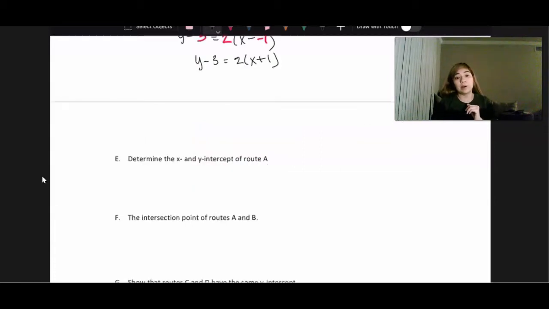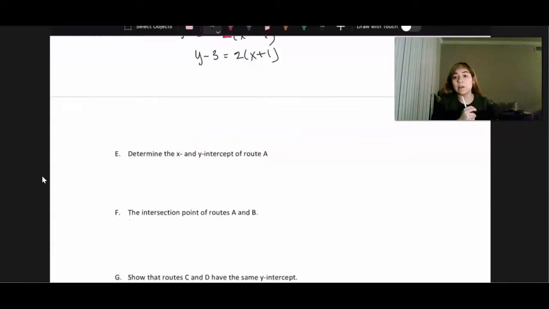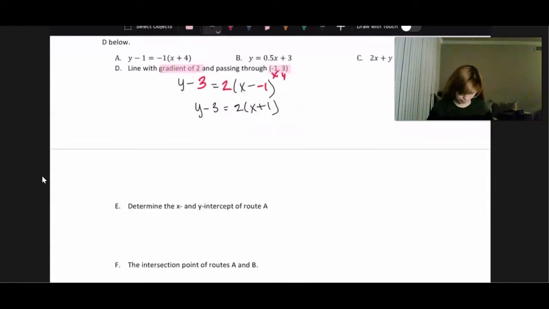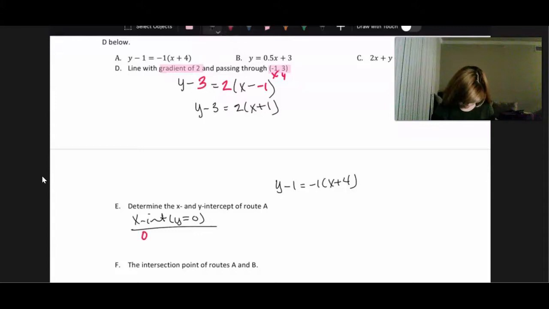So, part E, determine the x and y intercepts of route A. So route A is y minus 1 equals -1 times x plus 4. My x-intercept is where y equals 0, so let's find that one first. 0 minus 1 equals -1 times x plus 4.